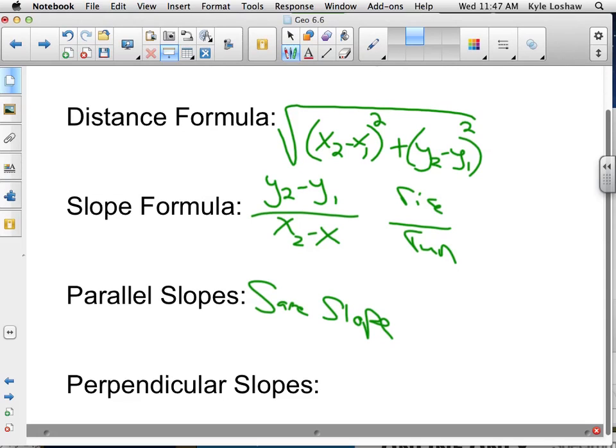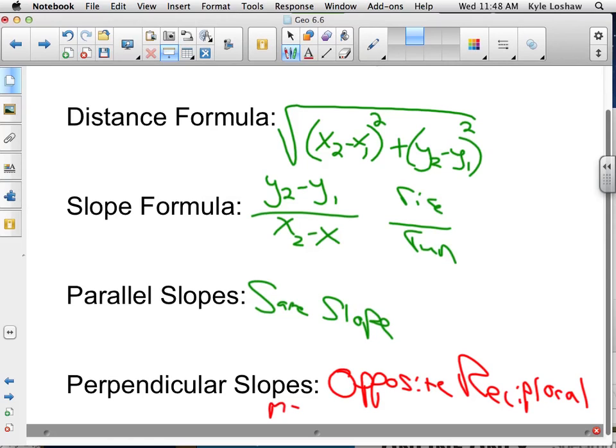So that means the slopes need to be opposite, and the slope has to be flipped, and that's the opposite reciprocal. So remember, say our slope is 2. Then the perpendicular slope would be the negative reciprocal, negative 1/2.